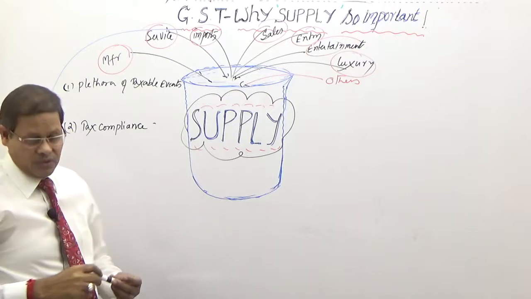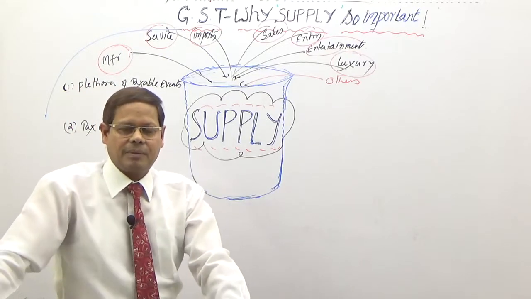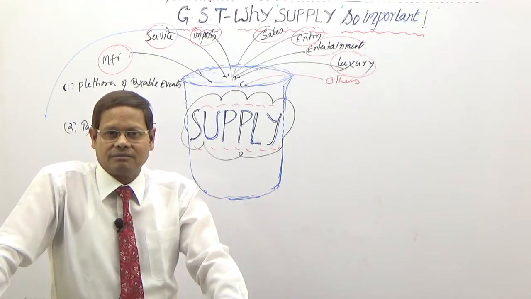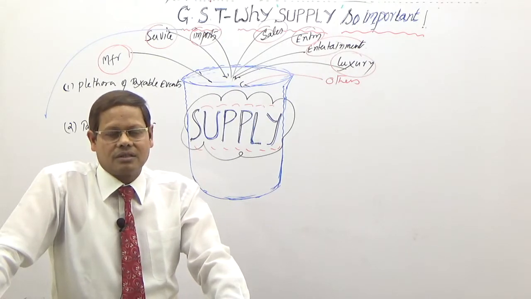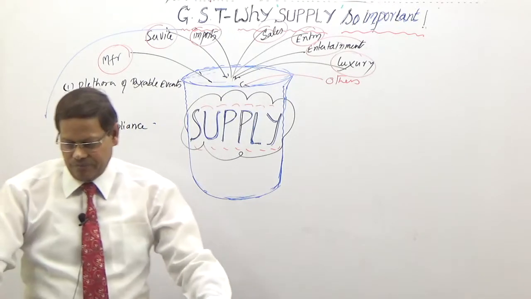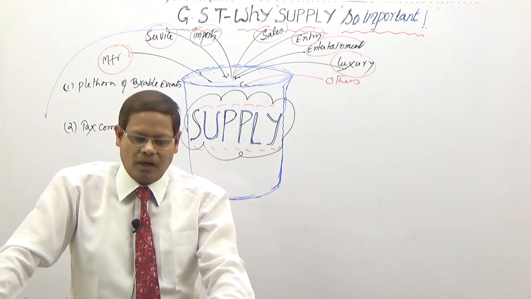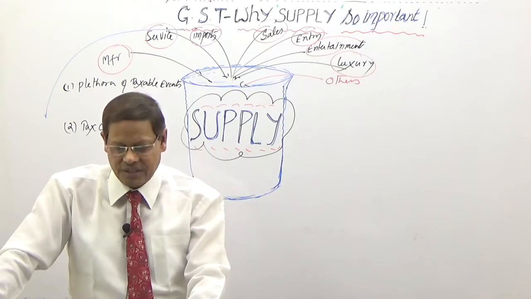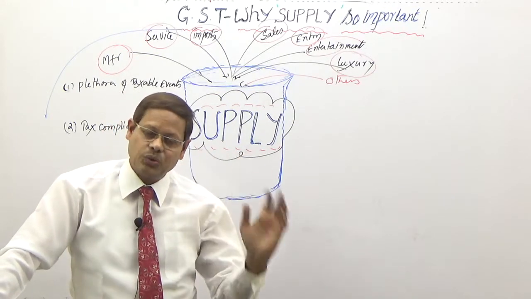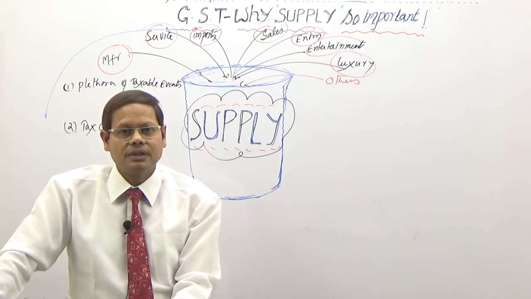See, once there is a taxable event of supply, then it is necessary. What is going to happen? So start with, you are a taxable person or trader, dealer, whatever it is, where you are liable to pay tax under the new regime of GST.